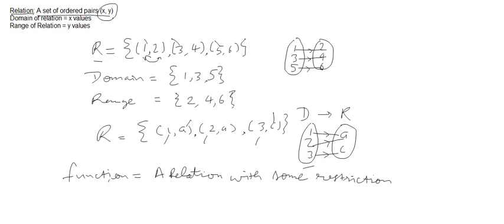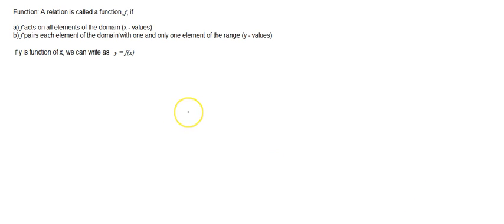Now let's see the typical definition of a function. A function is a relation, and any relation will be called a function if f(x) is associated with all elements in the domain of x values, and, I should have added the word and here, because both conditions, A as well as B, should be fulfilled. Only if both are fulfilled will the relation be called a function. The first condition is that all the elements of x should be associated.